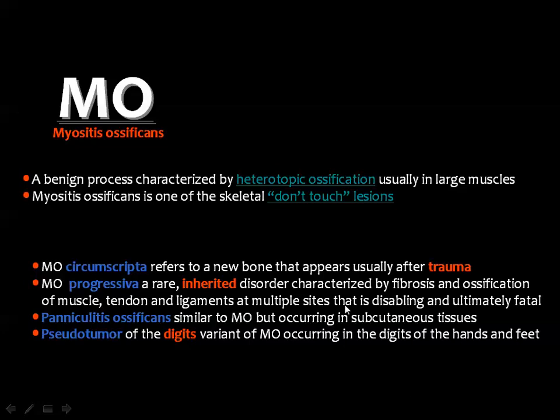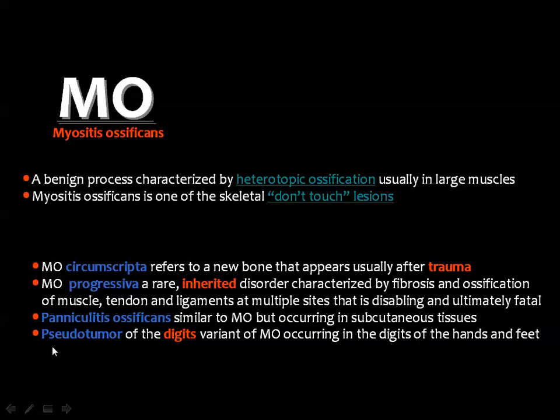And this is known as myositis ossificans circumscripta, which is usually the sequelae of trauma. But there is a rare type of myositis ossificans, which is known as myositis ossificans progressiva, and this is an inherited disorder characterized by fibrosis and ossification of the muscles and tendons and the ligaments.